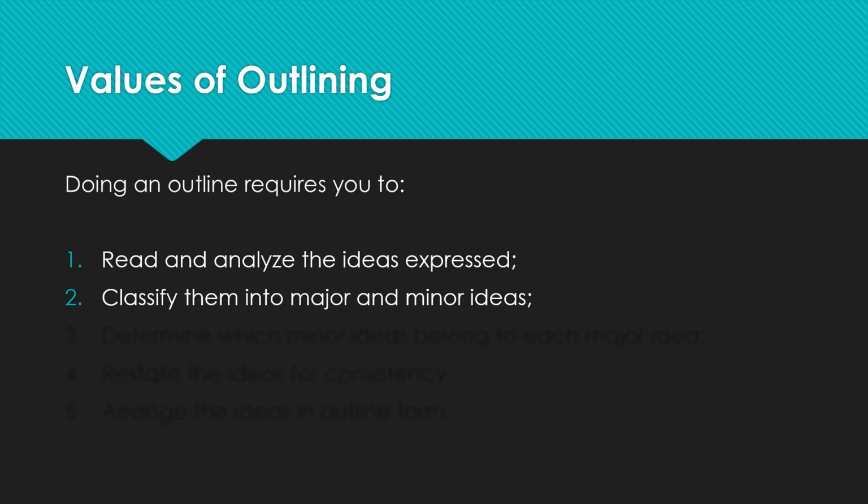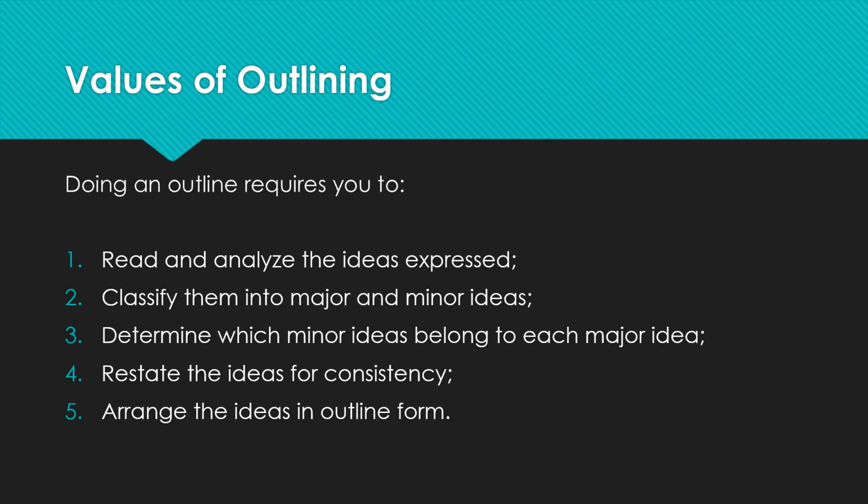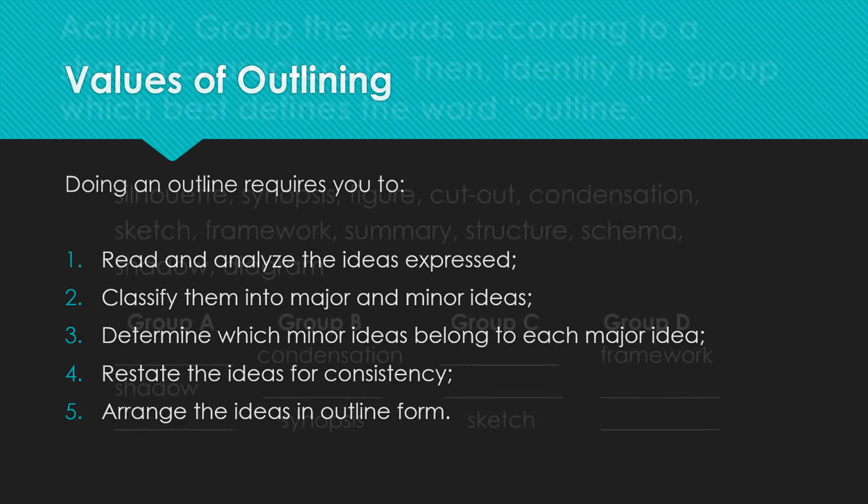And you also cannot make an outline if you don't know how to point out, for example, the topic sentence, the supporting details. Also, determine which minor ideas belong to each major idea. And 4 and 5, you are expected to restate the ideas for consistency. And finally, you have to be diligent in following the format, the outline form. We will be talking about the format later.